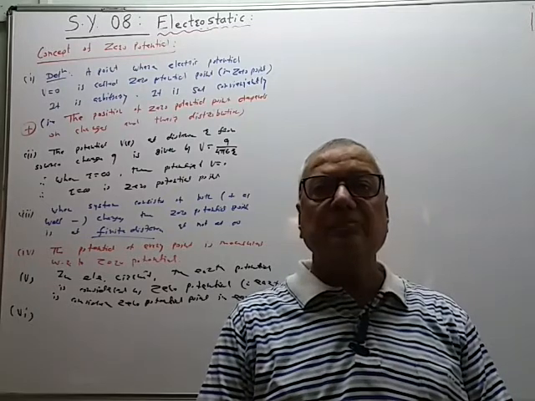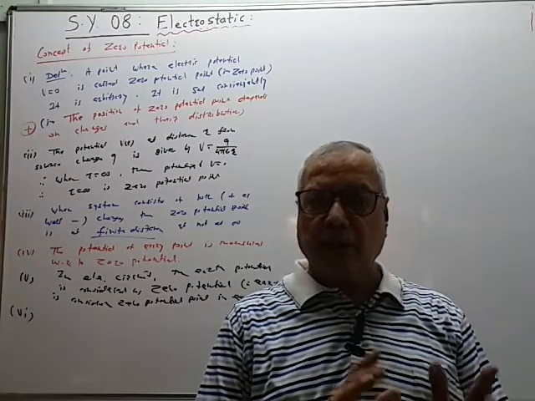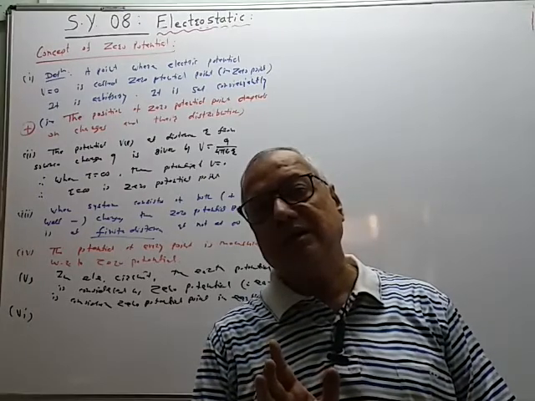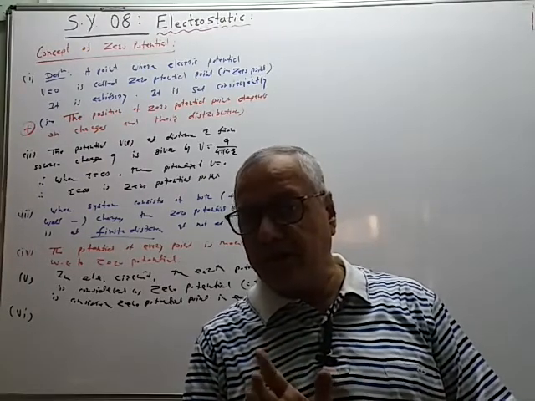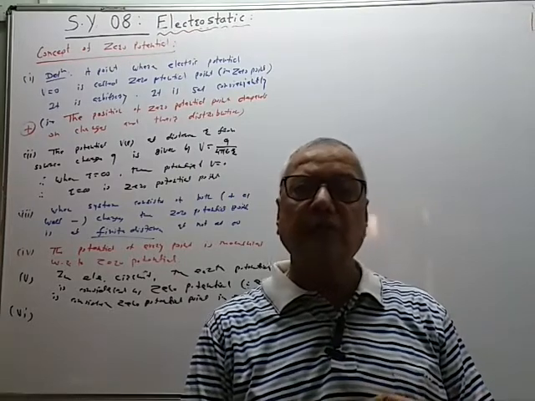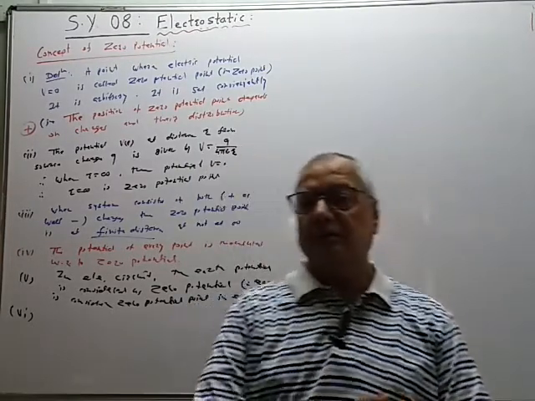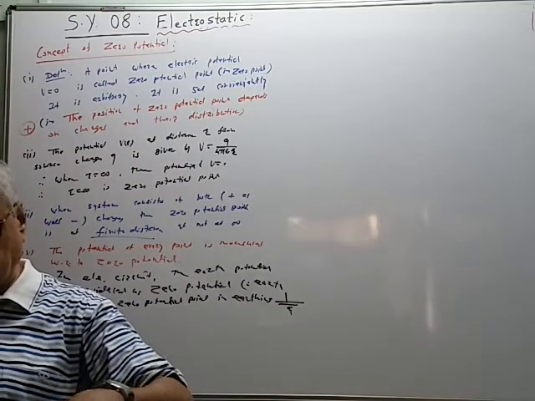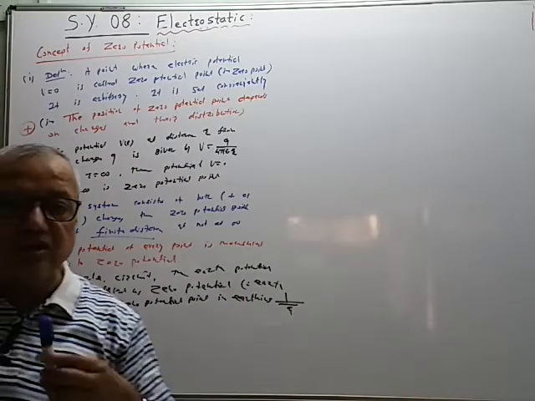The potential can be defined in terms of zero potential point. The amount of work done in bringing unit positive charge from zero potential point to the given point in an electric field is called as the potential at that point. So the definition of potential can be changed.